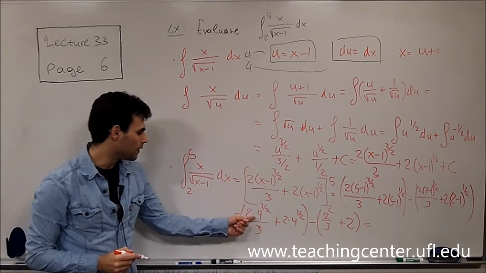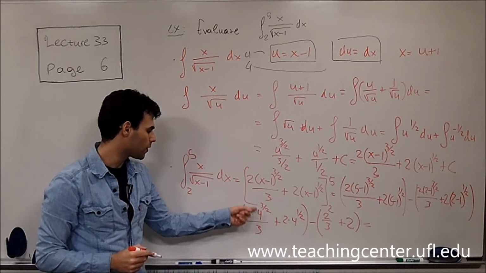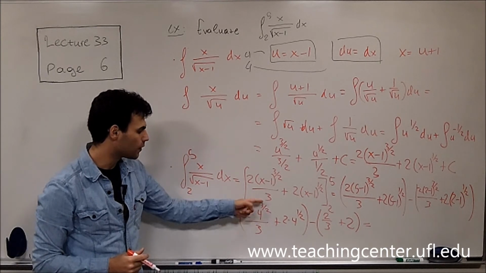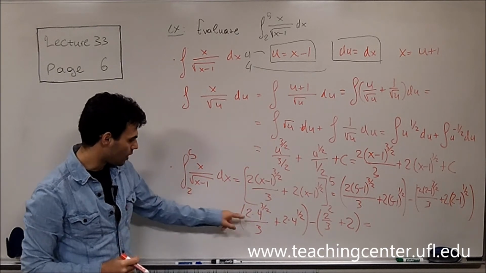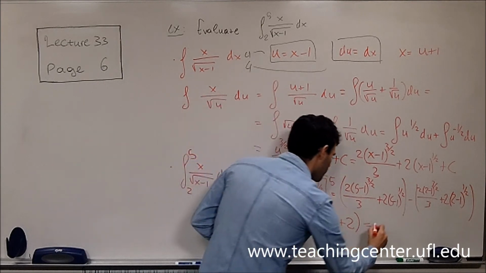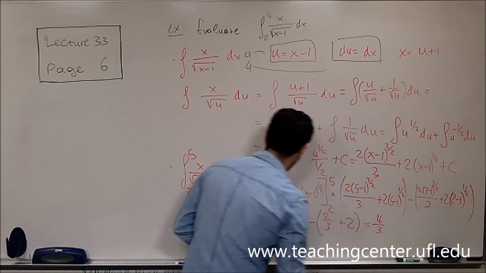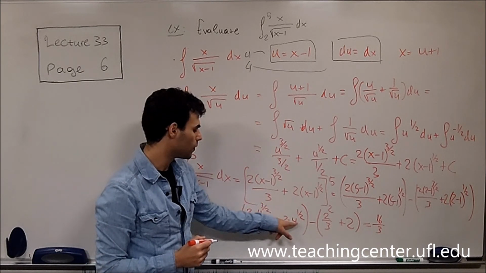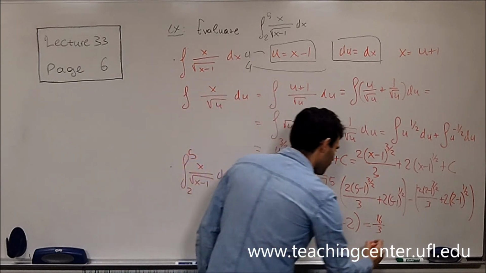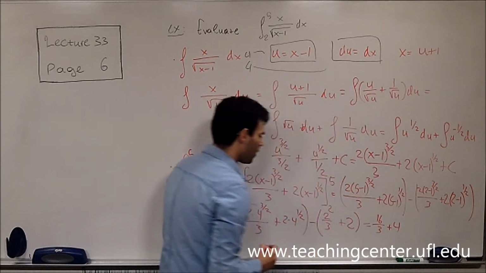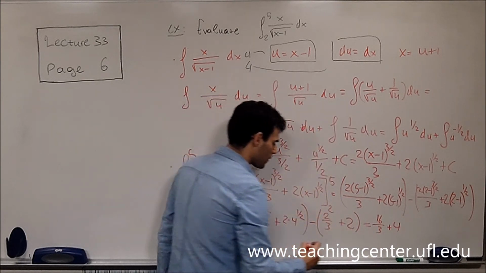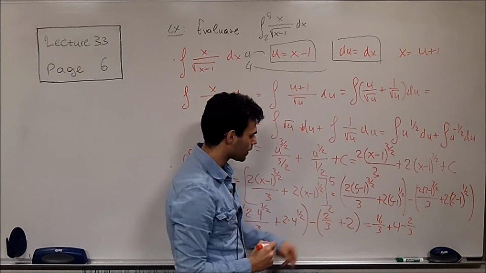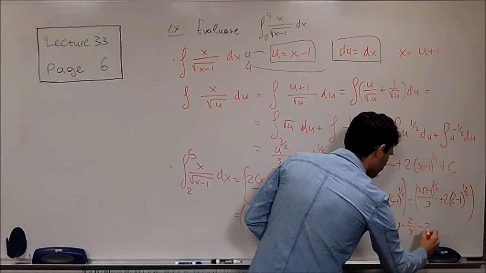Okay. Now, what's the 4 to the 3/2? Well, it's 4 to the 1/2, which gives you 2, and 2 to the 3 gives you 8. Times this 2, this is 16. So 16 over 3. 4 to the 1/2 is 2. 2 times 2 is 4, and then minus the 2/3, and then plus the 2, minus the 2.